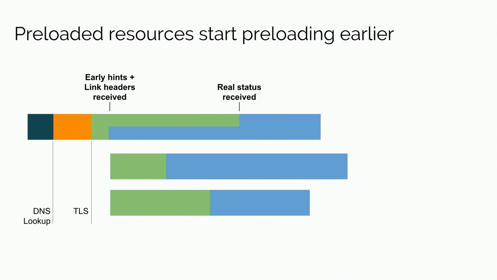So this is really cool because it's using time in the waterfall that's currently vastly underutilized, but it is very hard to ship because it's going to require changes to not just browsers but also web servers and also CDNs and middle boxes.